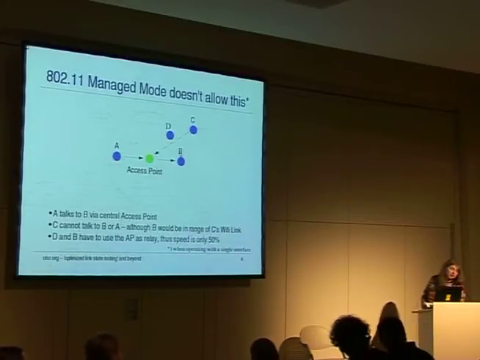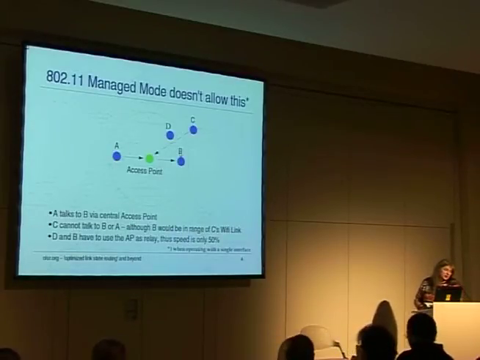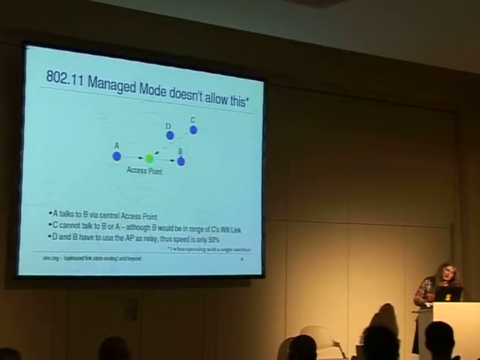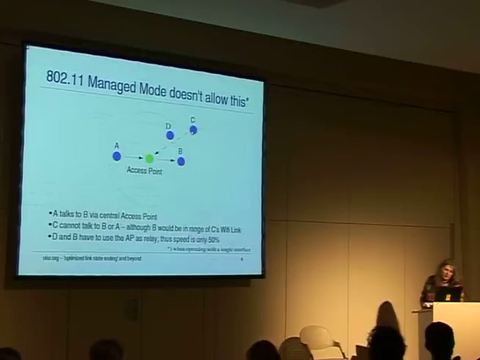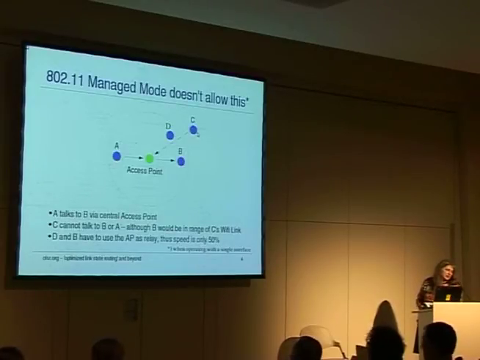Compared to that, if you switch to ad hoc mode, you have the full speed that your cards can have. C is out of the range of the access point. It would be in range of D or B, but they cannot speak to each other because in infrastructure mode, C needs contact to the access point. It's not necessary for the ad hoc mode, and I hope I stressed that out successfully.